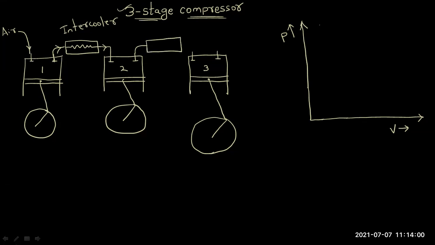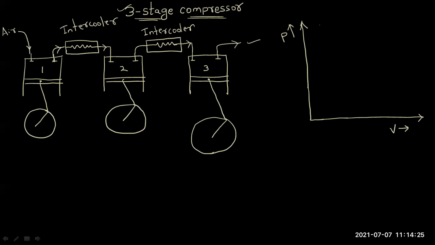Here we'll have one more intercooler. And then from here, this air will enter the third stage cylinder. Here once again it will compress the air, and from here we will get the final air. So this is the arrangement of the cylinders.